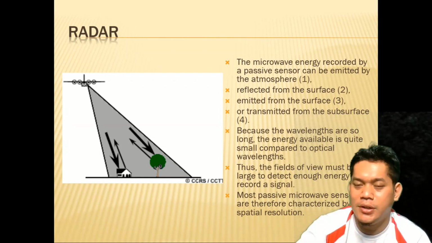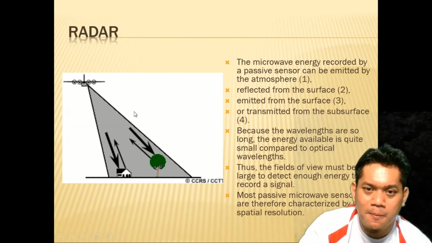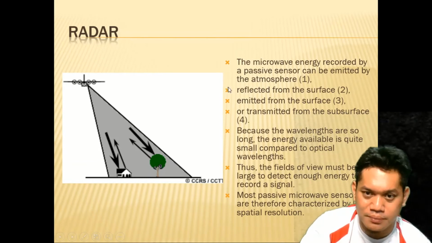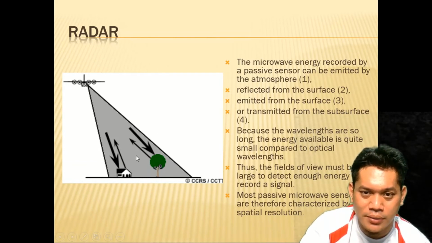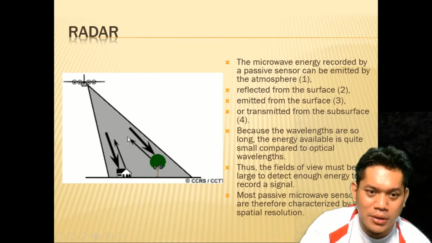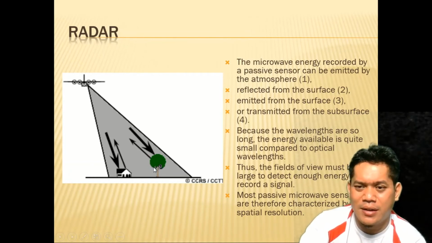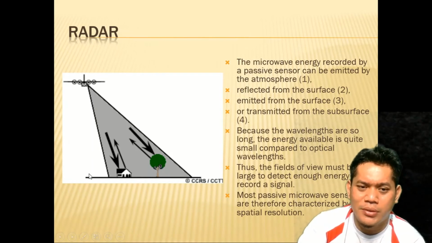Okay, so what happened here? The explanation is that the microwave energy recorded by the sensor is emitted from the aeroplane to the target, and then reflected from the surface, or emitted, or transmitted from the subsurface.